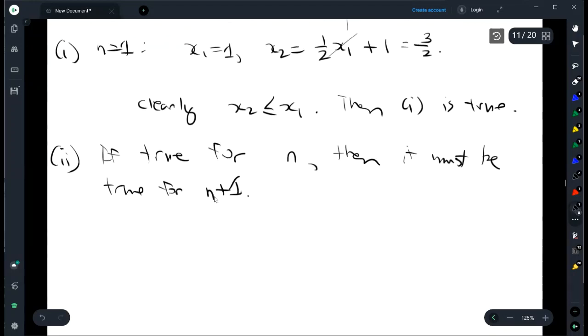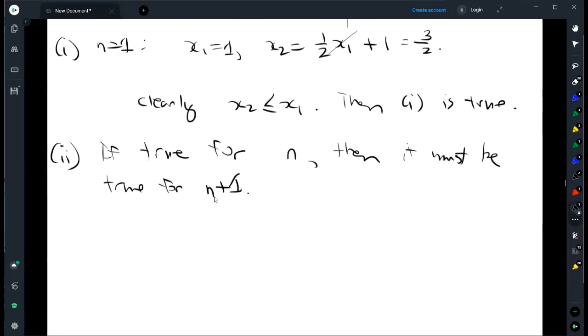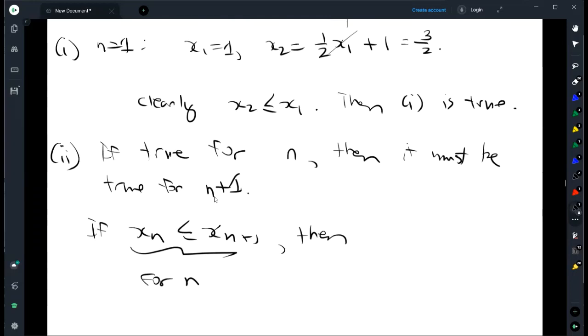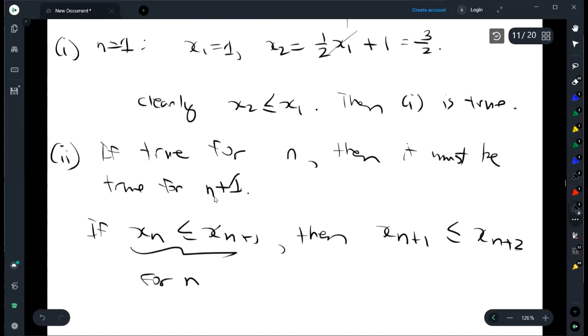To prove it requires showing this: if x sub n is less than or equal to x sub n plus 1, which is the statement for n, then if we replace n by n plus 1, it must be true. That is, x sub n plus 1 is less than or equal to x sub n plus 2. That is the statement for n plus 1.